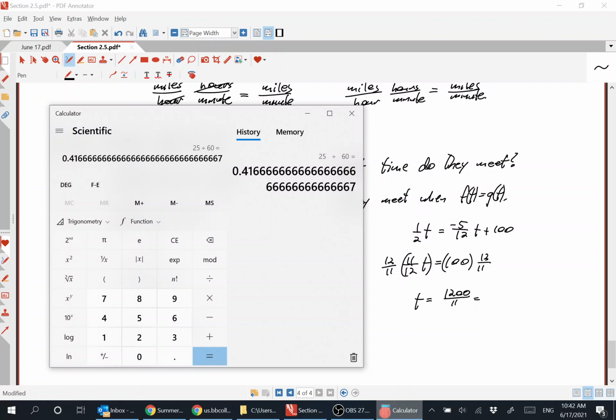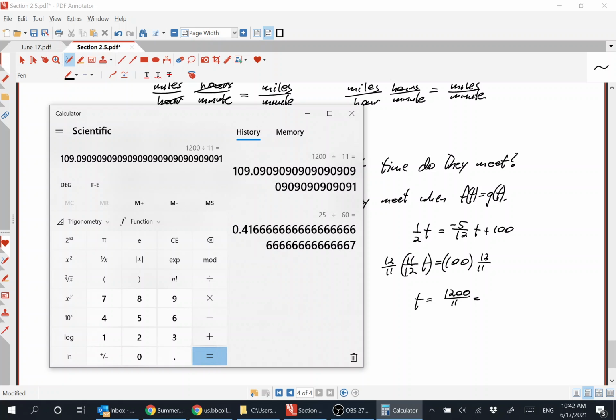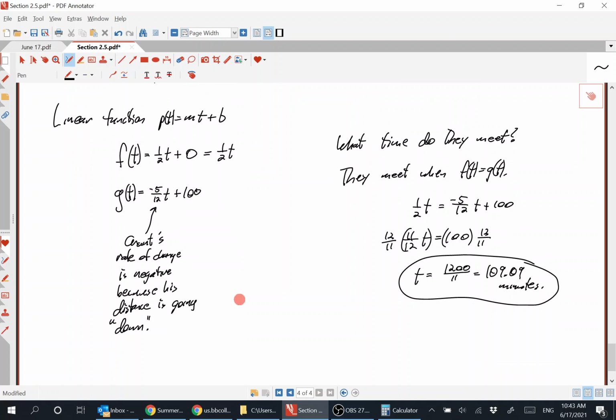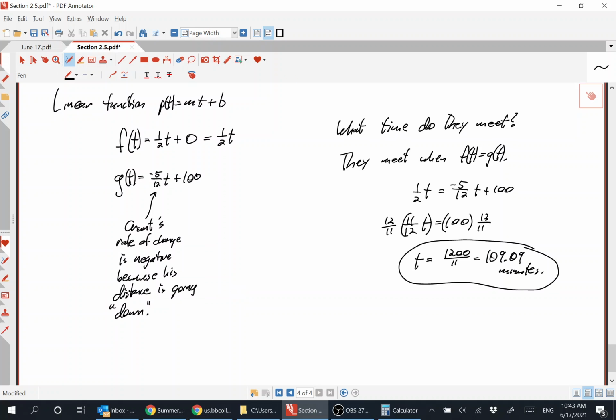So that is 109.09 minutes. So they meet after 109 minutes, almost 2 hours later.